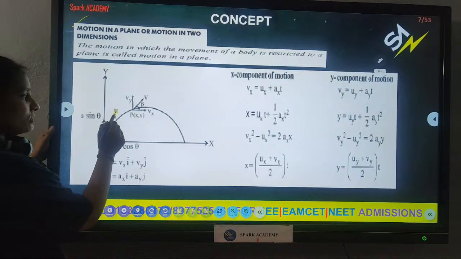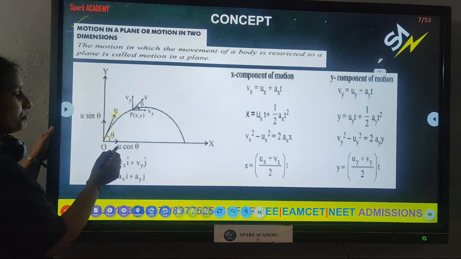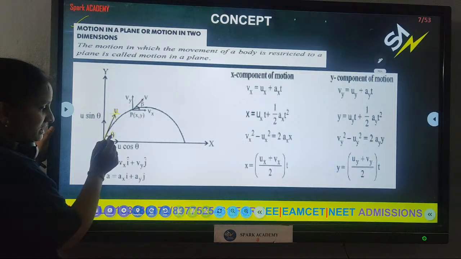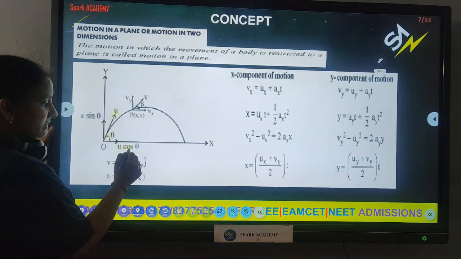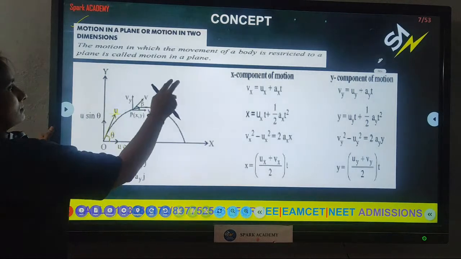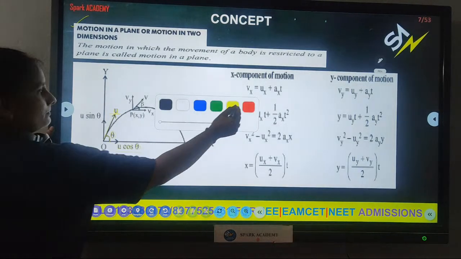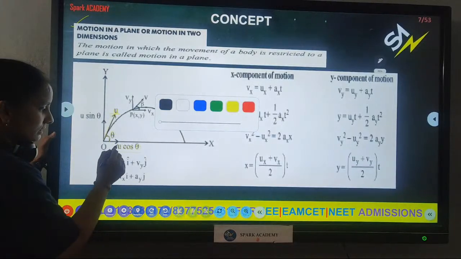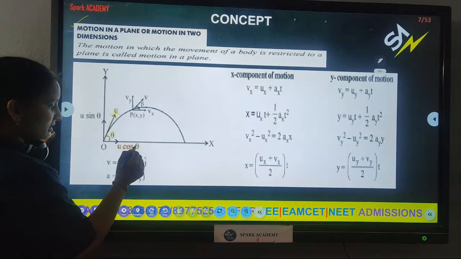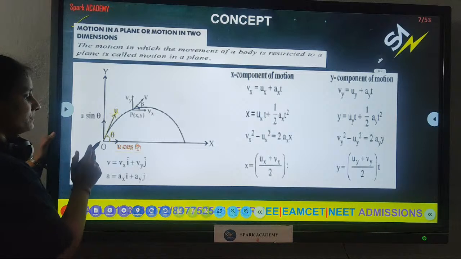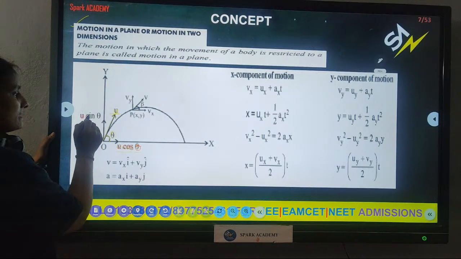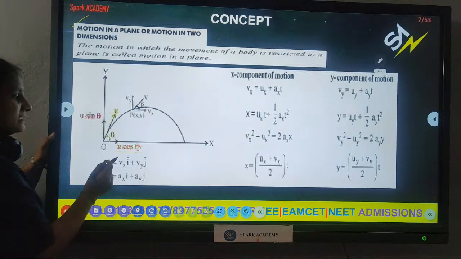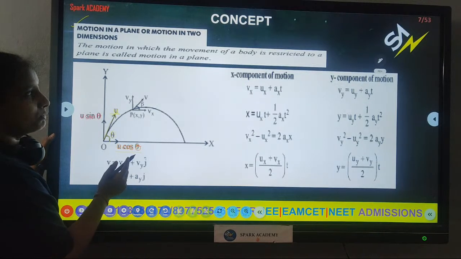The side adjacent to the angle gives u cos theta, the component along the horizontal direction. The side opposite to the angle gives u sin theta. Now this velocity is resolved into its components.